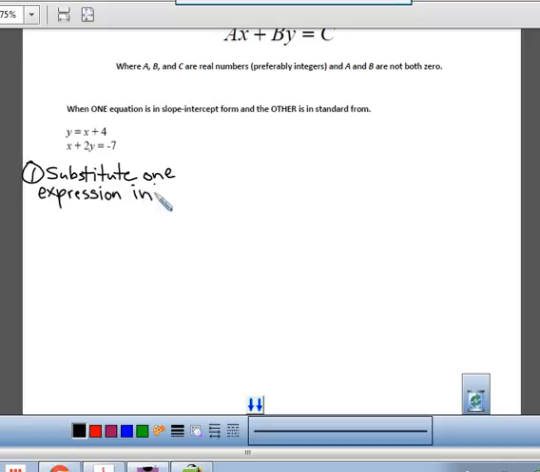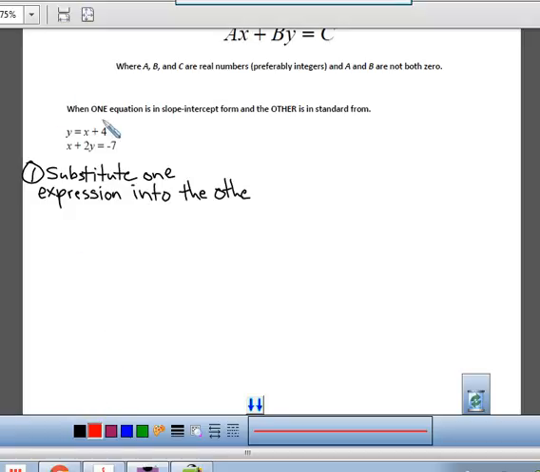Some of you might be asking, what do you mean by that? Well, I'm going to show you. Before, we would have y equals x plus 4 and another one that might be y equals 2x plus 3. They were both y equals, so it was easy to set them equal to each other because they were essentially the same thing. This is a little different.